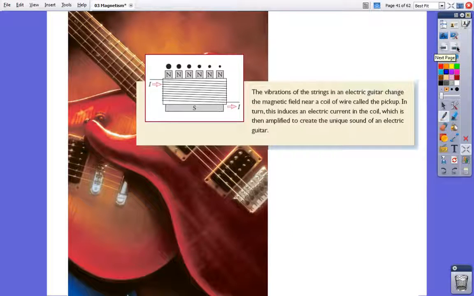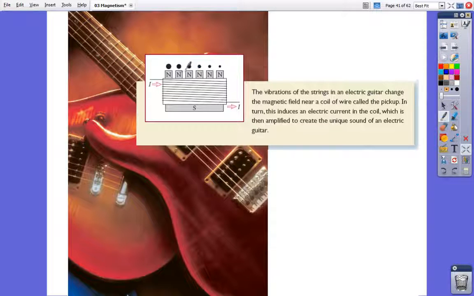As you can see here, we have an electric guitar. There is a device here called the pickup. This pickup is actually a metal covered with wire.